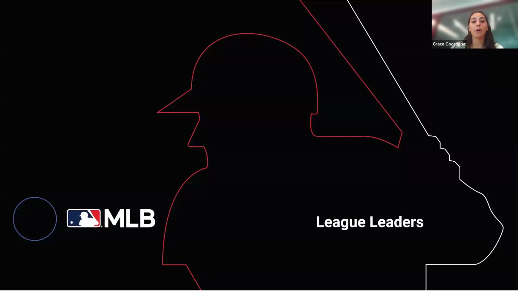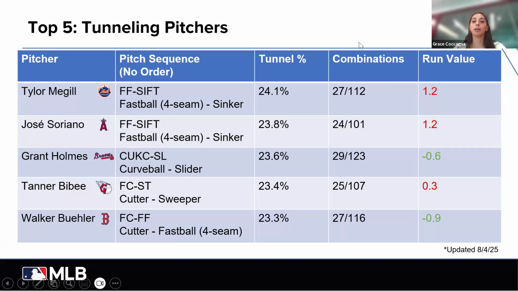And now my favorite part of this project was looking at the league leaders and seeing some top 5 leaderboards and different tunneling statistics. So here are the top 5 pitchers in the league who tunnel the most often. And I think what's important to note is looking at the run values on the right side of that table.